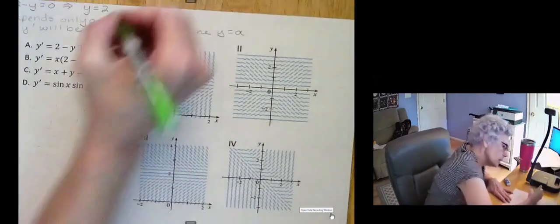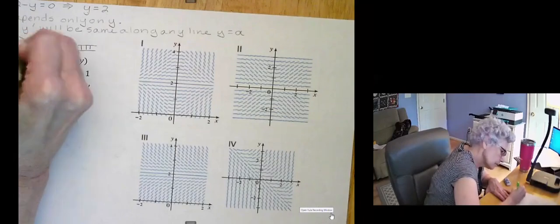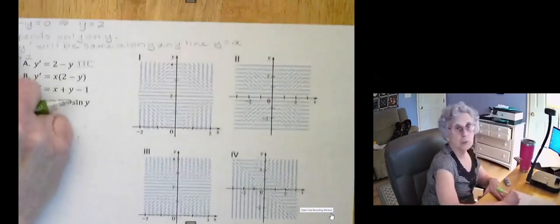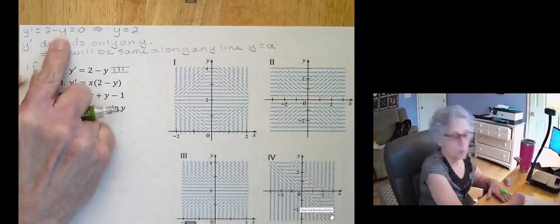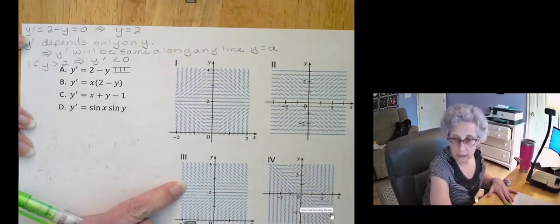If y is greater than 2, then the slope would be 2 minus y. So y primed would be negative. Oh, look, it is.